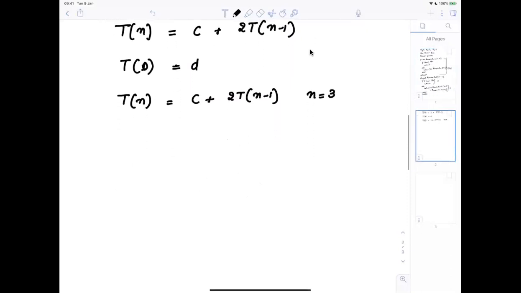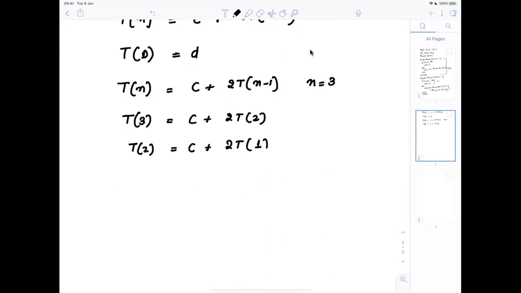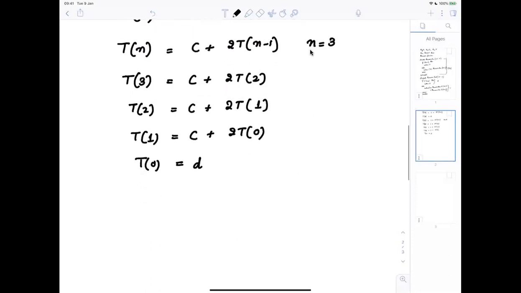So I have here t of 3 equals c plus 2t of 2. t of 2 is equal to c plus 2t of 1. And t of 1 equals c plus 2t of 0, and t of 0 equals d, and that is when the recursion stops.